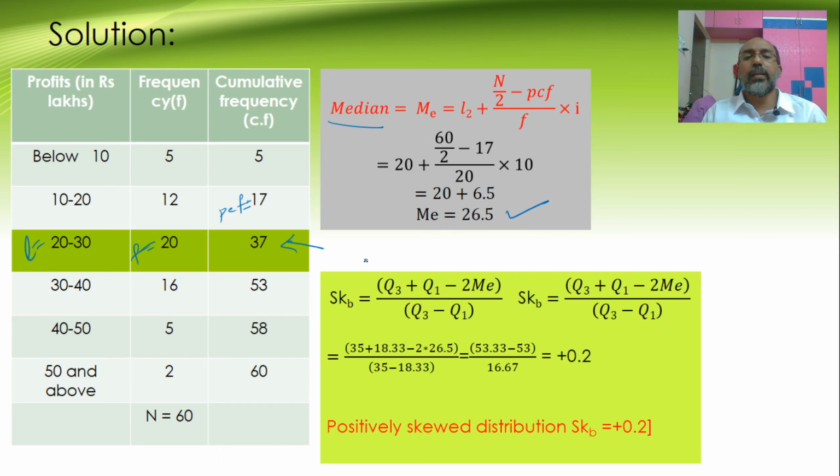Then finally we calculate Bowley's method of skewness using the formula Q3 plus Q1 minus 2 times the median, divided by Q3 minus Q1. Substituting the values, Q3 we got 35, Q1 we got 18.33, and the median we got 26.5.